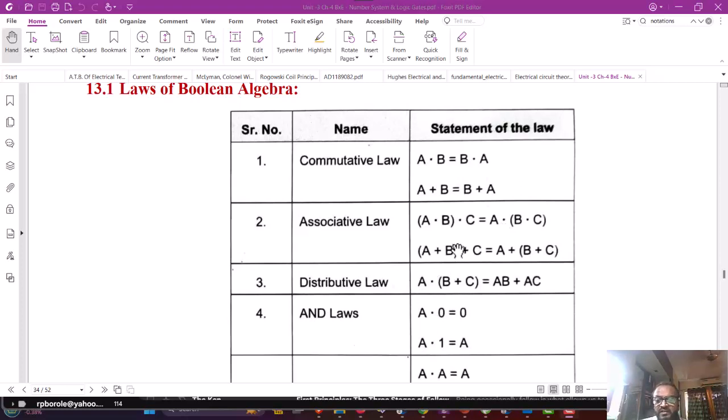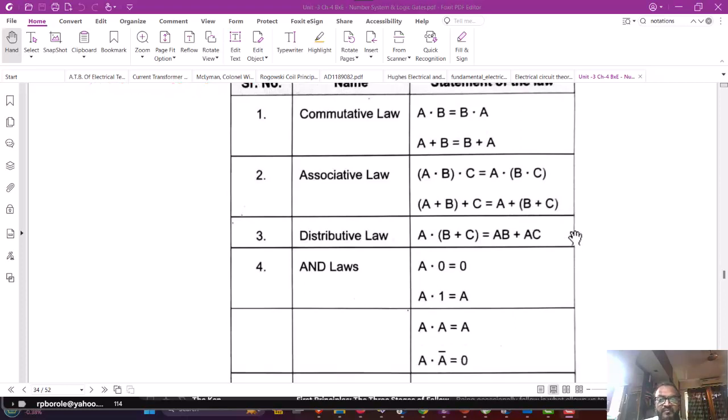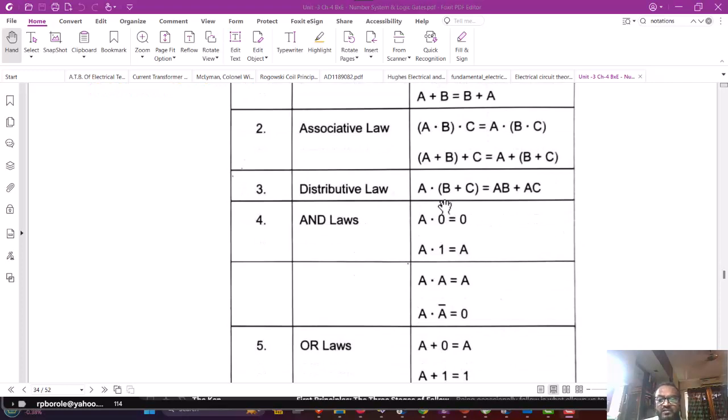Similarly, A or B or C, you can group as A or in bracket B or C. Then the result remains the same. The distributive law: A dot B or C is distributed as A and B or A and C. So A will be distributed over B or C.